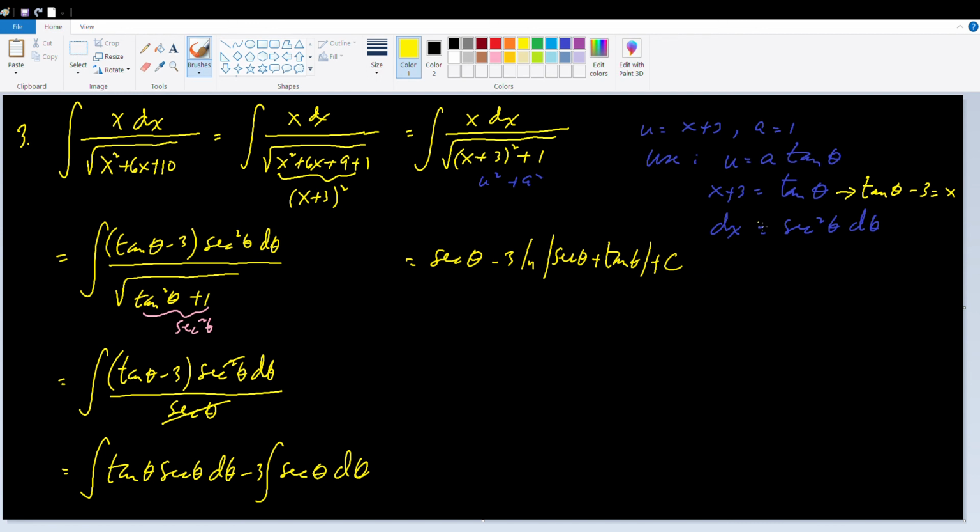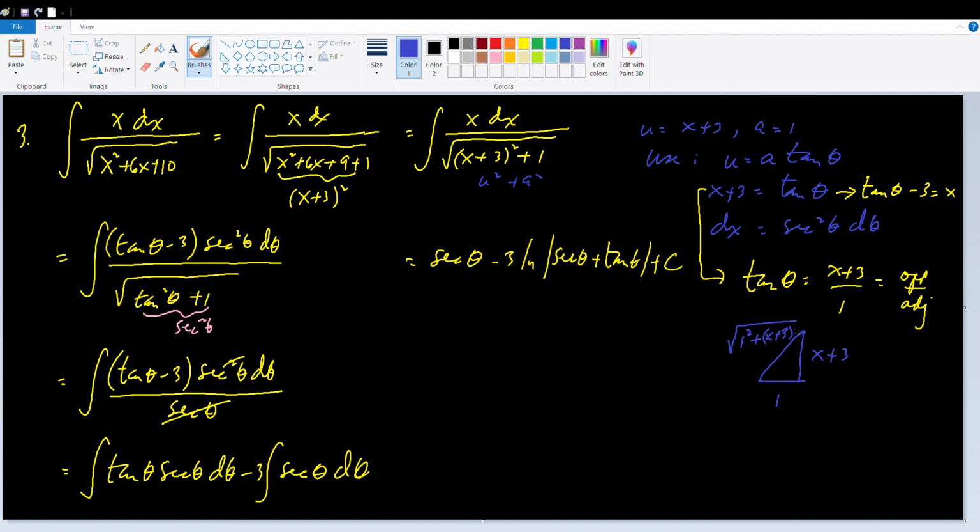Okay, from our substitution, tangent theta is x plus 3 over 1, opposite over adjacent. Opposite is x plus 3, adjacent is 1, that will be square root of 1 squared plus x plus 3 squared, which of course is equal to the square root of x squared plus 6x plus 10.